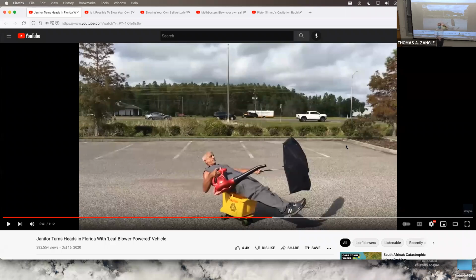You'd go backwards, right? Because you'd be pulling in air from all sides through the leaf blower housing, and then directing a stream of high velocity, high momentum air forwards, resulting in a force pushing you backwards. So that's what would happen if you get rid of this umbrella.